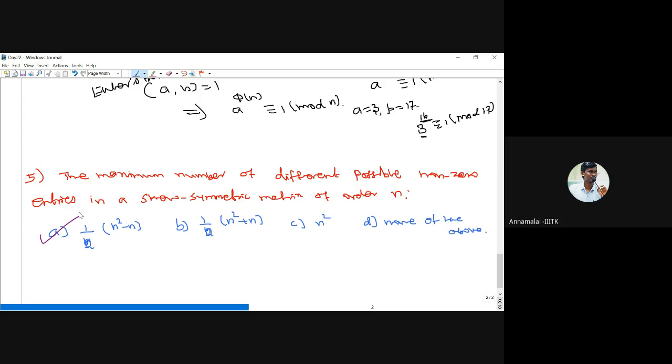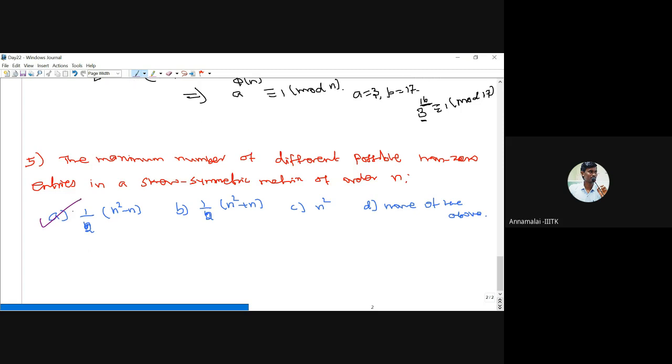Okay. Now, one more problem from linear algebra, sixth problem. Suppose V is a vector space, and this L of S means the subspace spanned by S. That means all possible linear combinations of elements of S, where S is a subset of V. I hope everyone understands this.